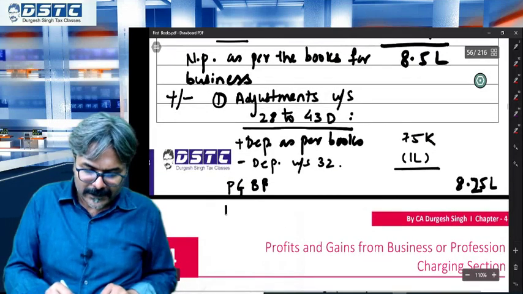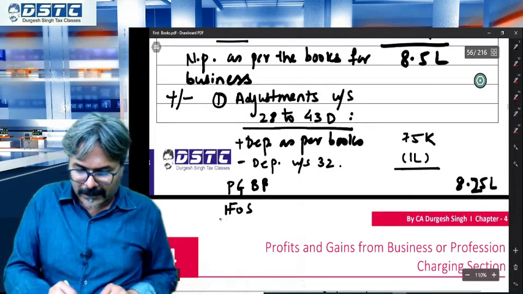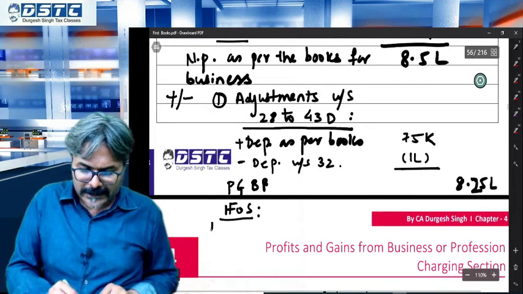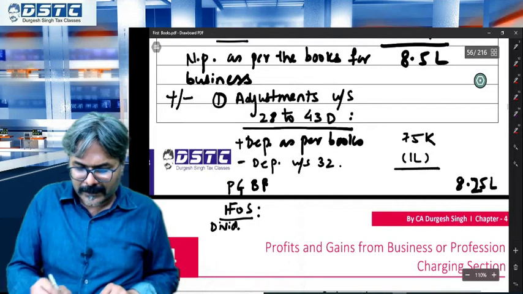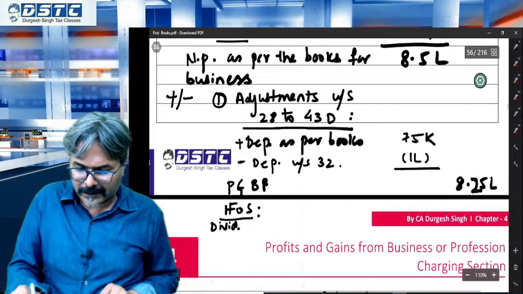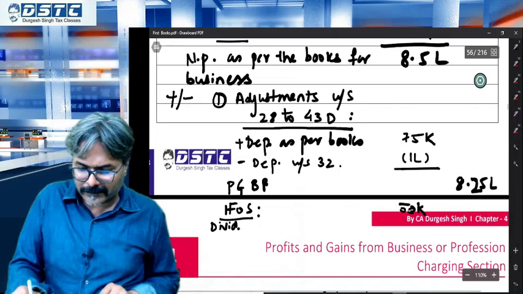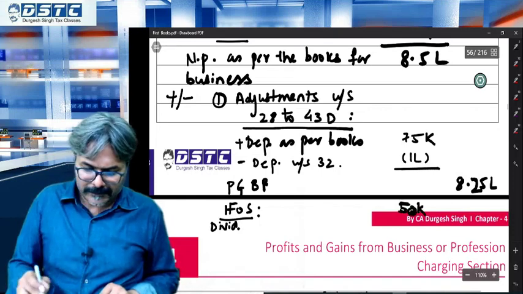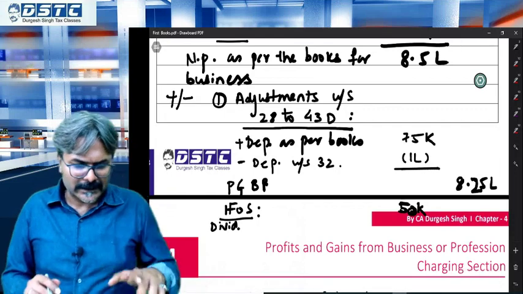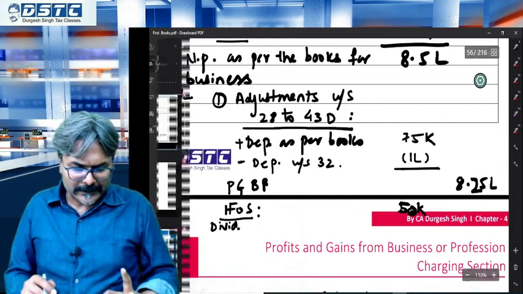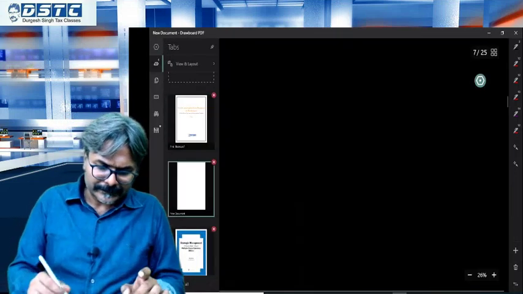Thereafter, if you see the IFOS part, how you go about doing IFOS: there is a dividend income of 50,000 in the inner column. I'll just write it on the other sheet.